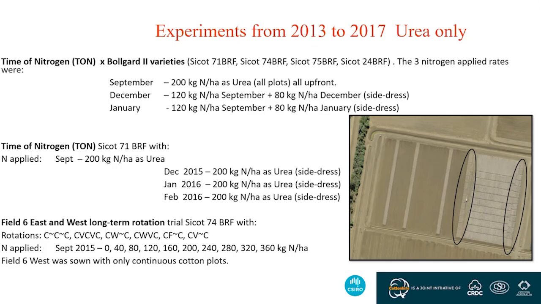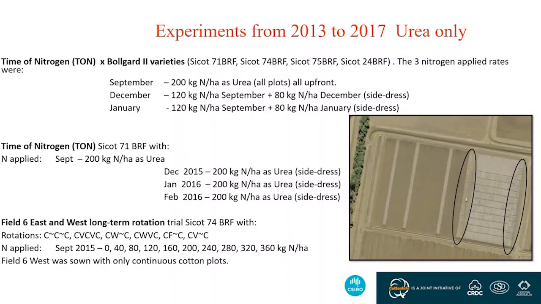So Tim's just highlighted a few experiments here that have been conducted between 2013 and 2017 using urea, and just compared the effective timing: all up front in September, which means it probably wasn't lost prior to application of water and crop establishment, and then December and even later into January, where they've split it 120 and 80 as a side dress.